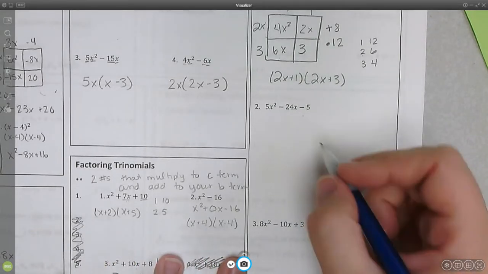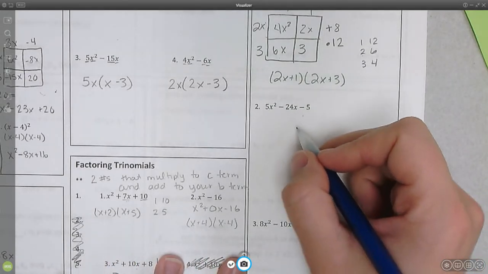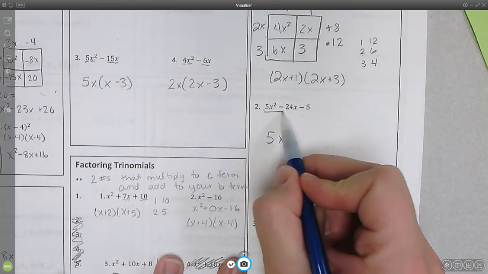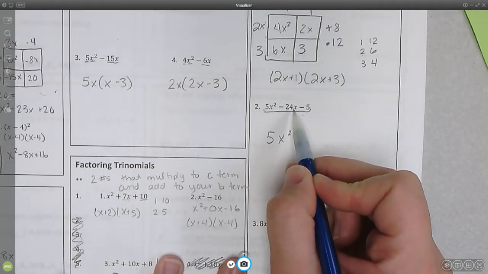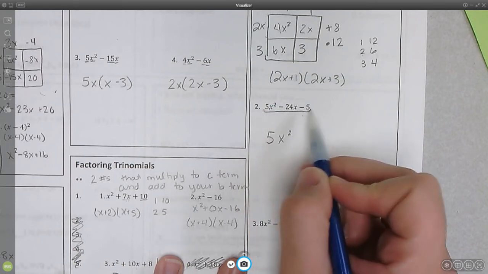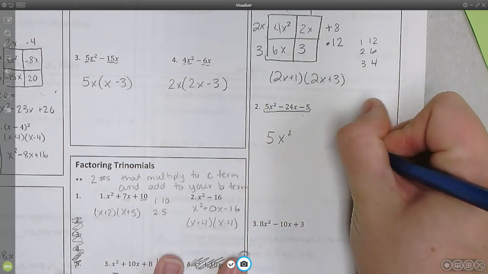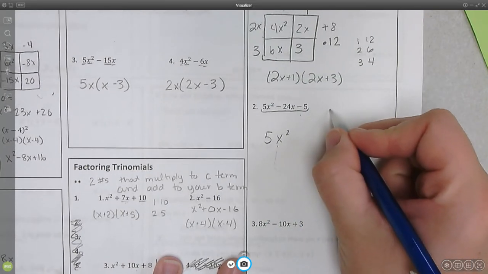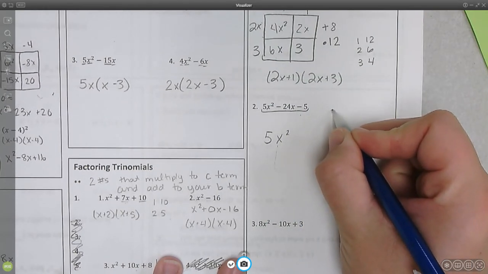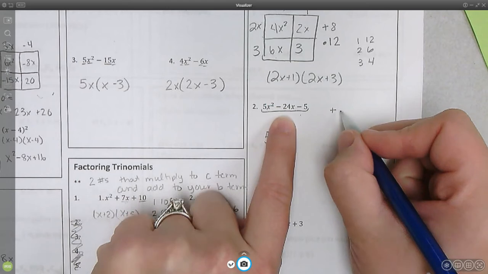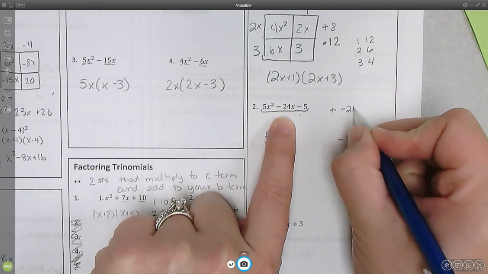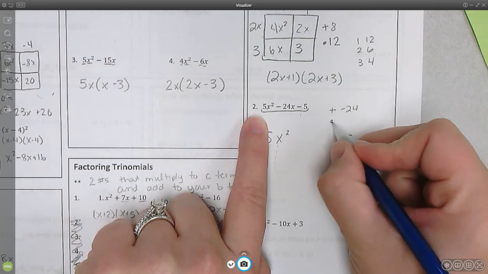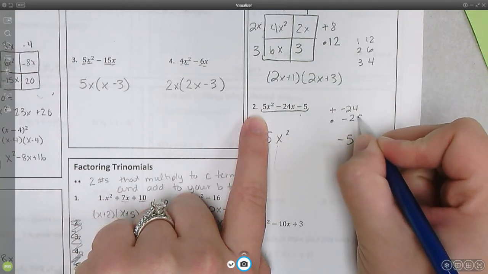This one, let's do by grouping. For grouping, instead of writing this in 3 terms, we want to write it in 4. Your first term will be the same, your last term will be the same. To figure out these middle two numbers, you need two numbers that add to this middle number again, negative 24, and multiply to these outside two, so multiply to negative 25.